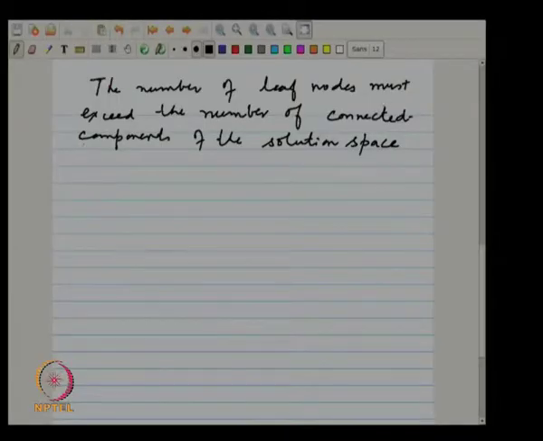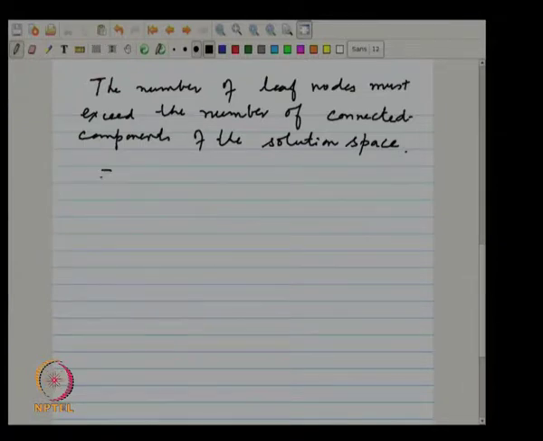Every node, including leaf nodes, corresponds to the intersection of inequalities, which is a convex region. So the number of leaf nodes must exceed the number of connected components of the solution space.